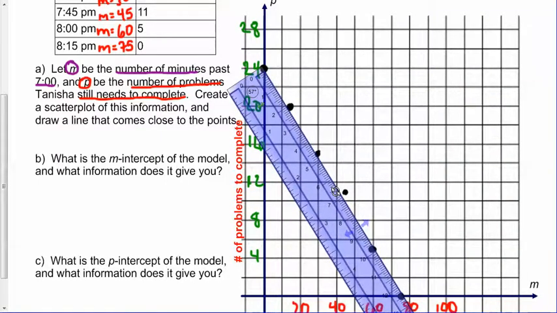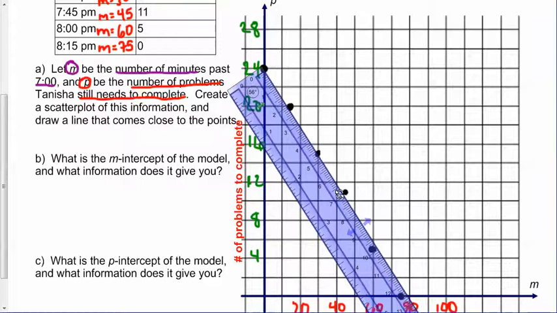And I'm going to say right about there, I think, is kind of how I want my line to be. I could shift it just a little bit maybe, because I want to have as much above the line as I do below the line in terms of the ones that don't fit. So I'm going to go ahead and do it right about there, I think.